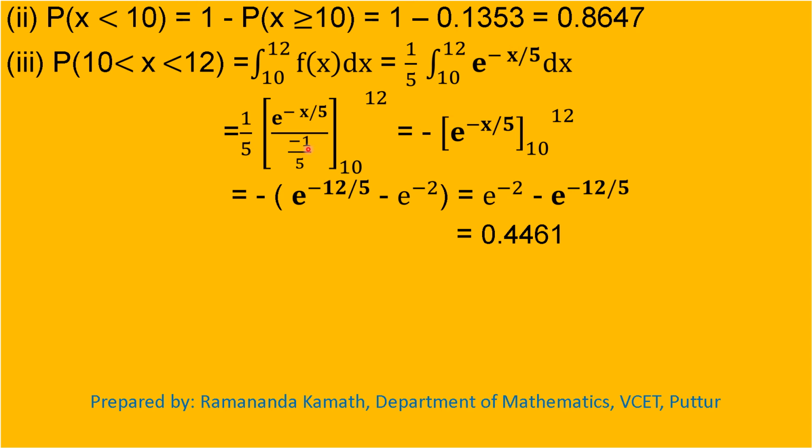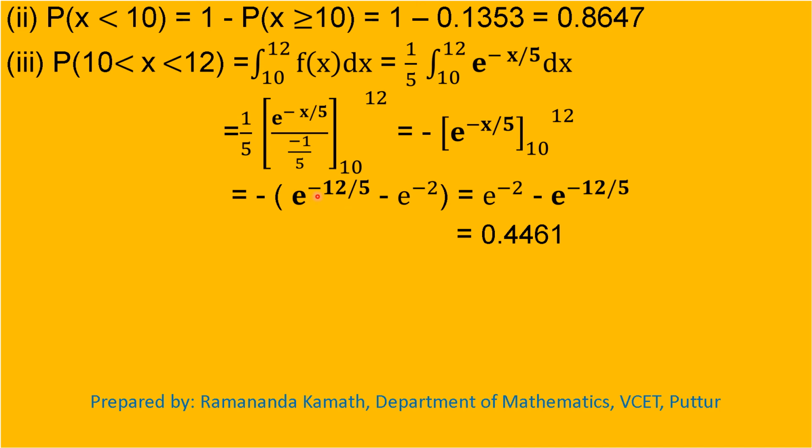So the 5 cancels, minus outside the integral sign, the difference of e power minus x by 5 at 12 and 10. Minus of: put x as 12, e power minus 12 by 5, minus, put x as 10, e power minus 10 by 5 or e power minus 2.